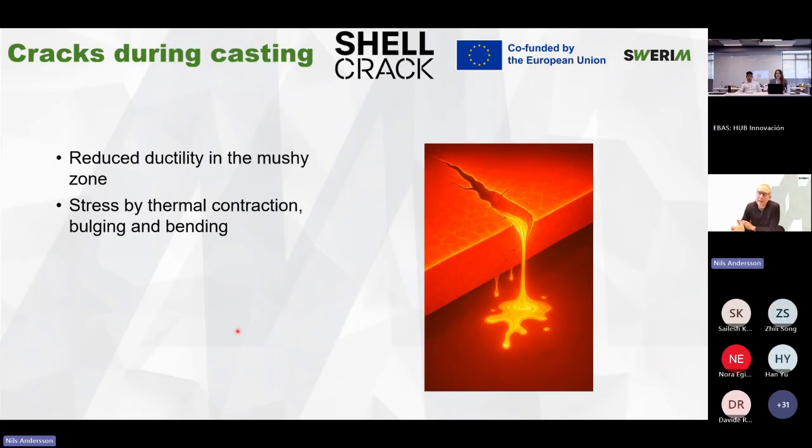We want to develop a crack criterion for continuous casting, and it boils down to a reduced ductility in the mushy zone, which is the semi-solid region in the strand, and the stresses here originating from thermal contractions and bulging and bending of the strand generate this crack.